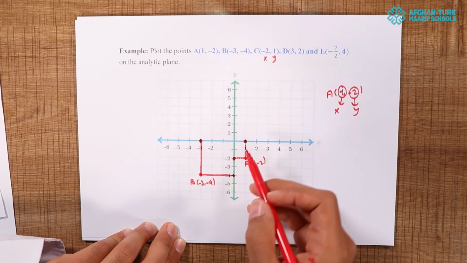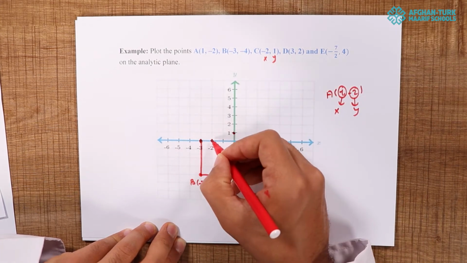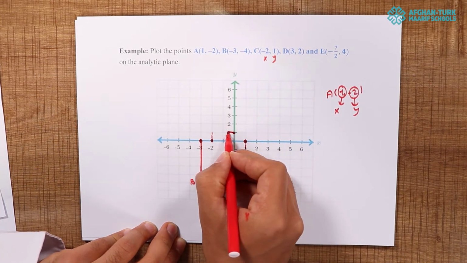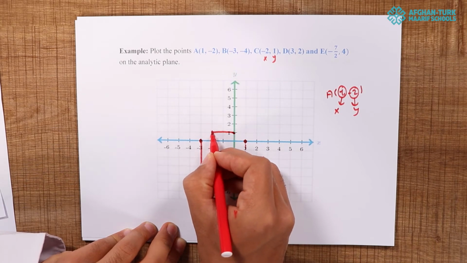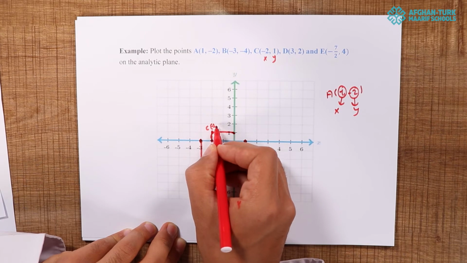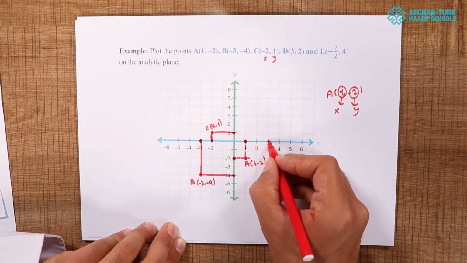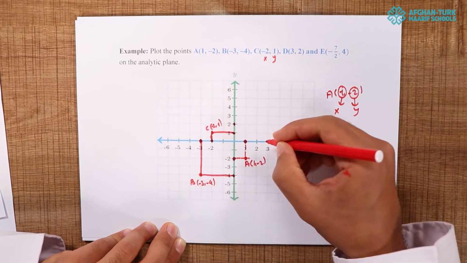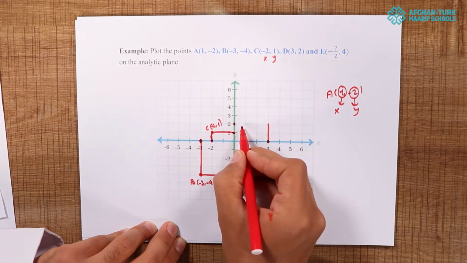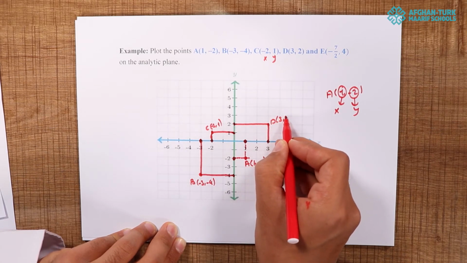X is minus 2, y is 1, so we draw perpendicular lines, and at this point they intersect. So this point is C (-2, 1). D, 3 and 2: x is 3, y is 2, and we also draw perpendicular lines. This point is D (3, 2).